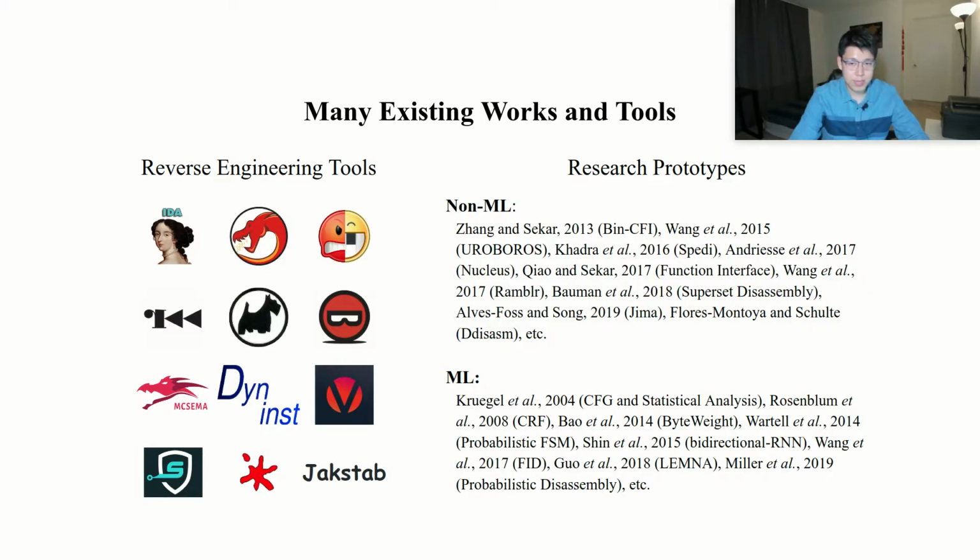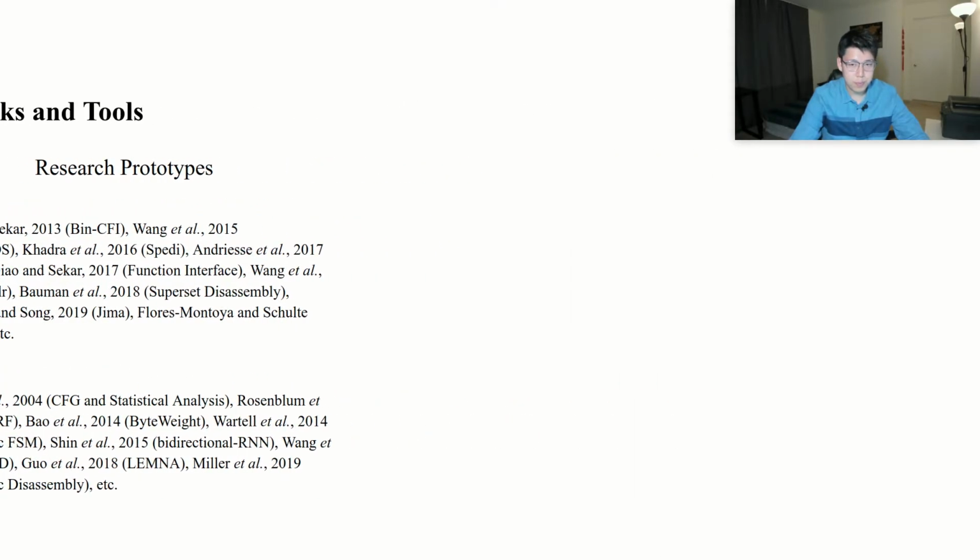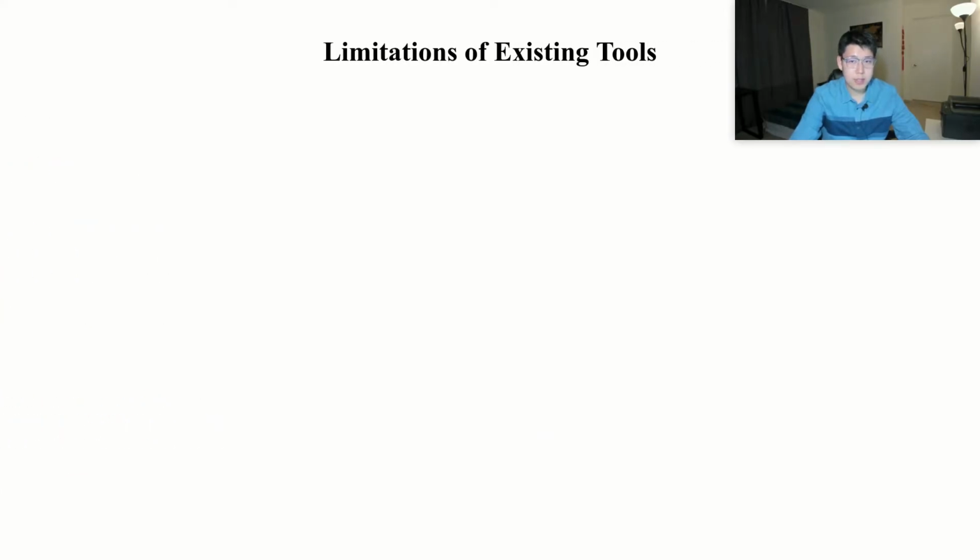Due to the nature of uncertainty in the disassembly process, machine learning and statistical analysis have shown increasing promise in recent years. Despite significant effort, existing works and tools still suffer from the following limitations.